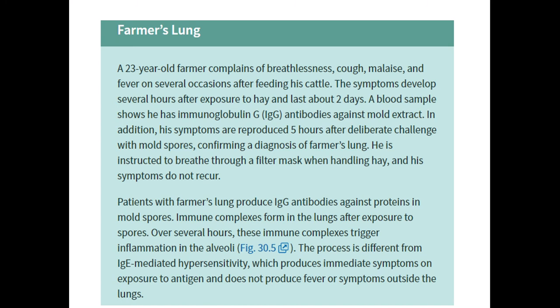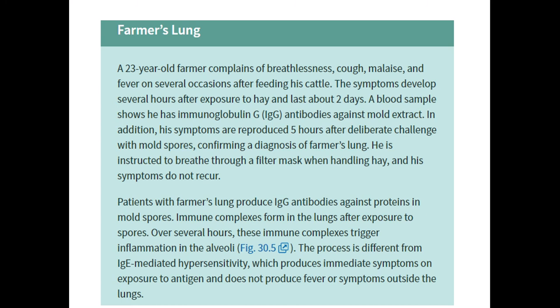So the second time he or she gets exposed to these spores, the immune complexes will develop in the alveoli, and then inflammation and an allergic type of pneumonia is going to take place. Very important to remember that the antibody here is usually an IgG type.